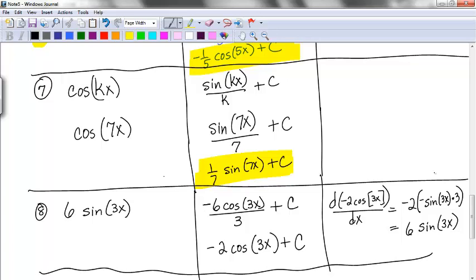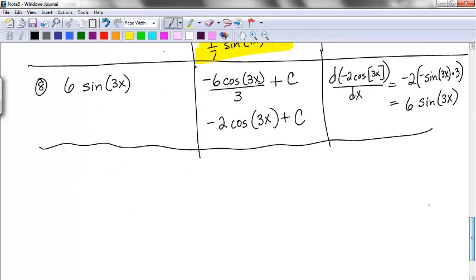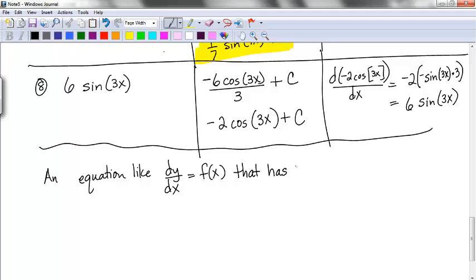I want to go through one differential equation. An equation like the derivative of y with respect to x equals f of x, that has a derivative in it, is called a differential equation.